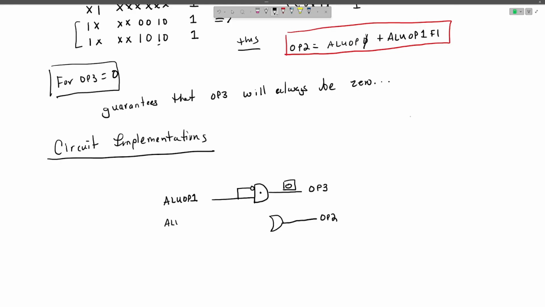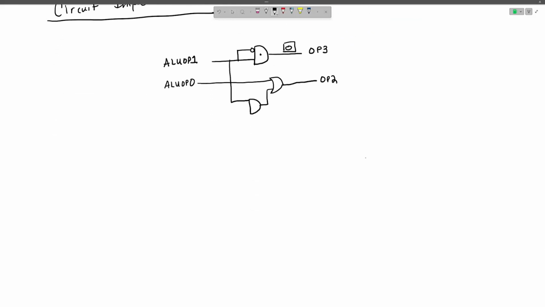One side is going to be ALUOp0, and then the other one is going to be an AND gate with ALUOp1, and then we're going to have the F1 input going into that one, and that's for OP2.